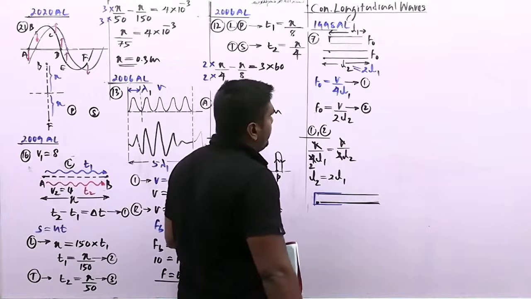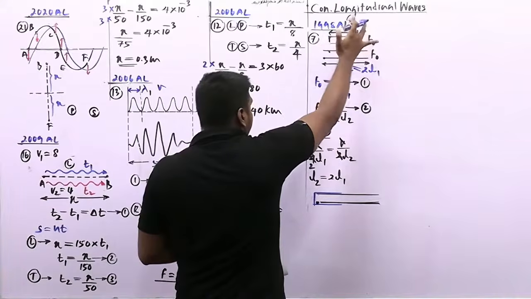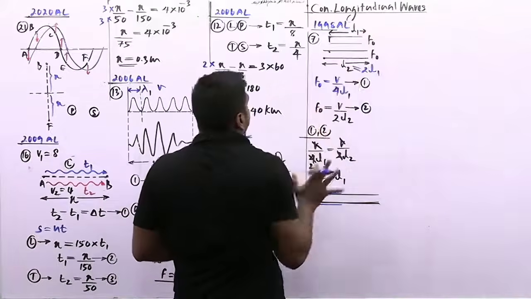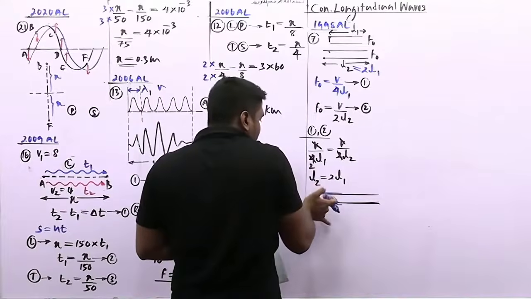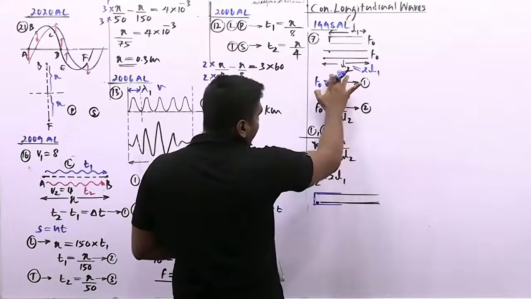Before, this closed end tube had length L1 and fundamental frequency F naught. Now what is the length of this newly formed one end closed tube? L2, that is 2L1.